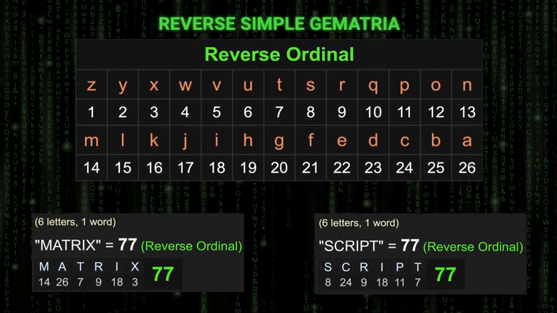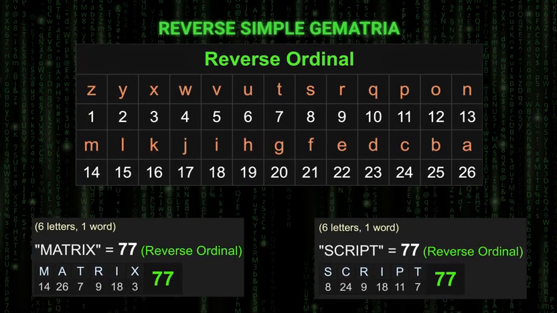The third of the 4 base ciphers is reverse simple or reverse ordinal Gematria. It works the same as simple or ordinal, but instead it makes the first last and the last first, which is to say, it starts with the letter Z and gives it a value of 1, Y is 2, X is 3, and so on until the last letter, since it's reversed, is A, and A has a value of 26.